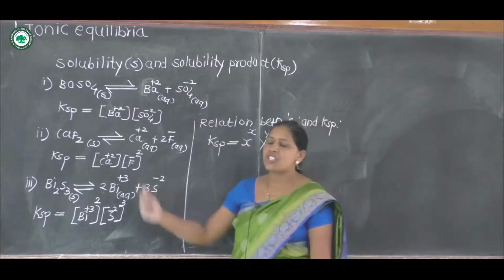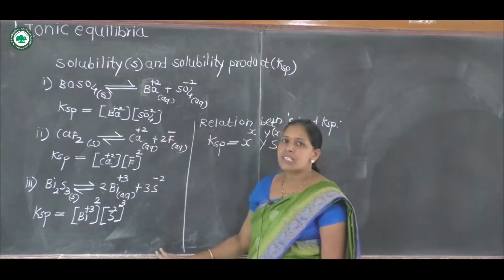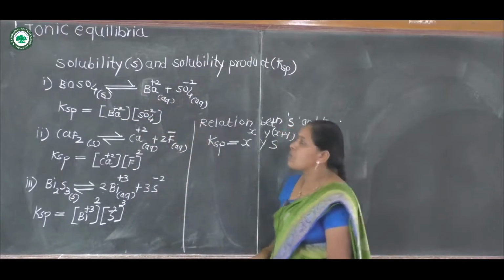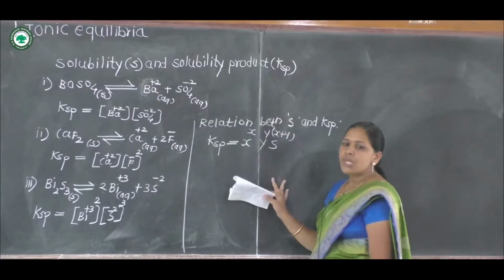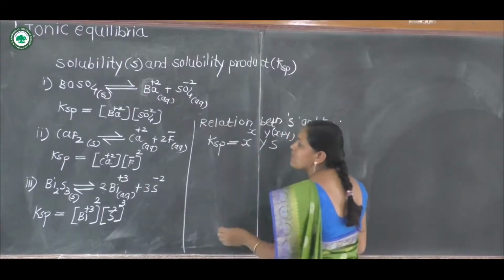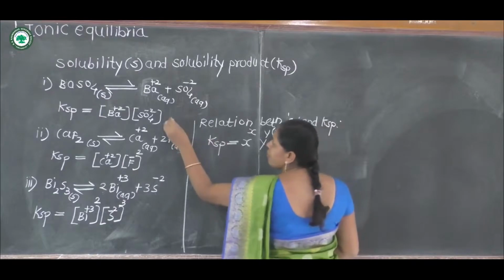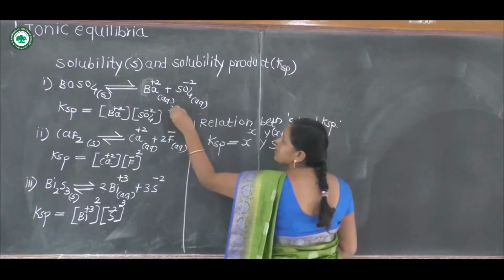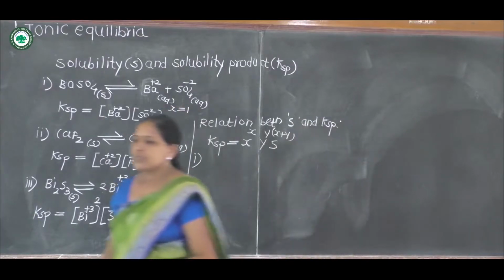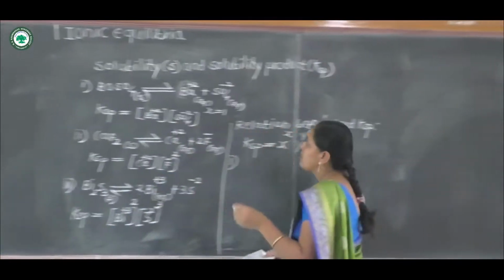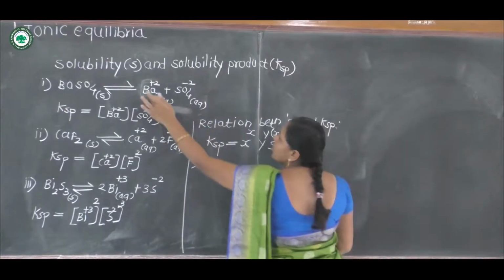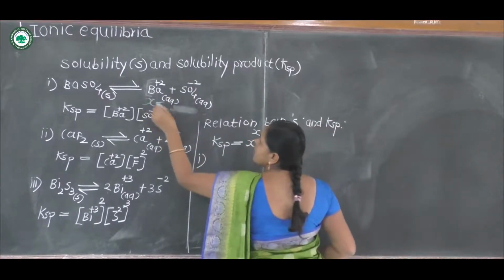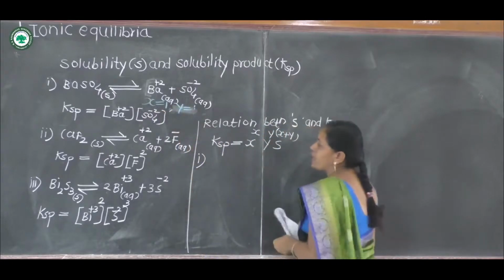For example, here 3 examples are written. For barium sulfate, x is equal to 1, y is equal to 1. Let us calculate the relation between solubility and solubility product for these 3 sparingly soluble salts. For barium sulfate, the number of moles of barium 2+ is 1, so x is equal to 1 and y is also 1.